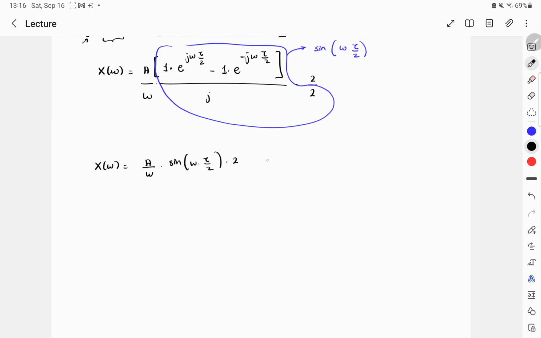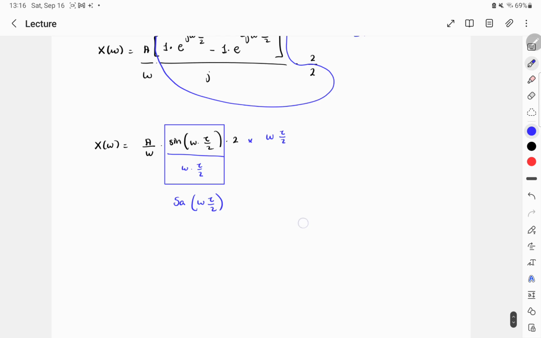That's why we want to multiply it with, and let me show it in blue so that we can see the difference, omega tau over 2, and then we also divide it by omega times tau over 2, and this one can be shown as sinc of omega tau over 2. It's a new way of showing it.